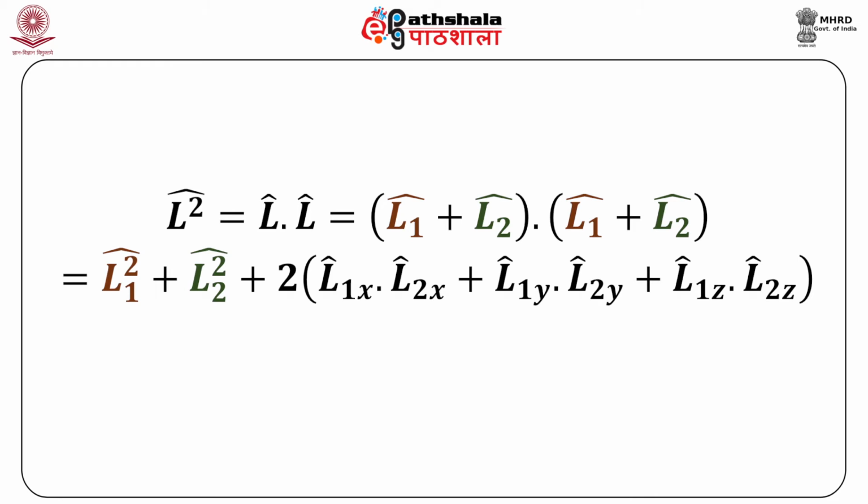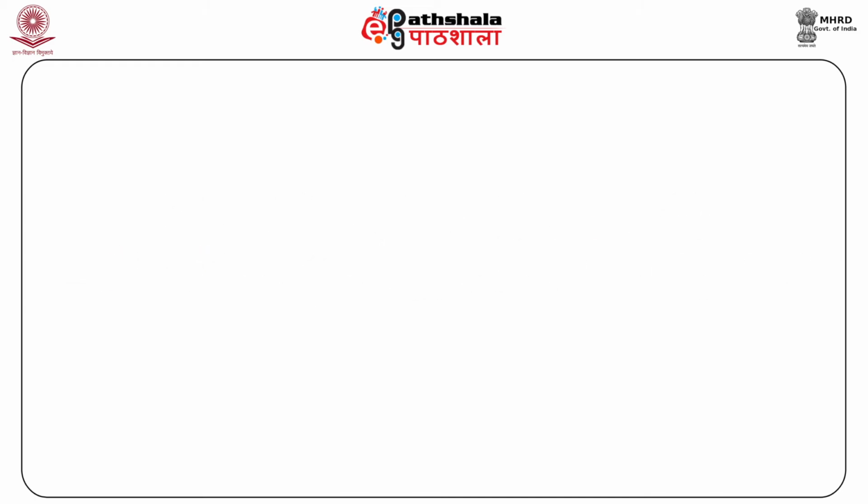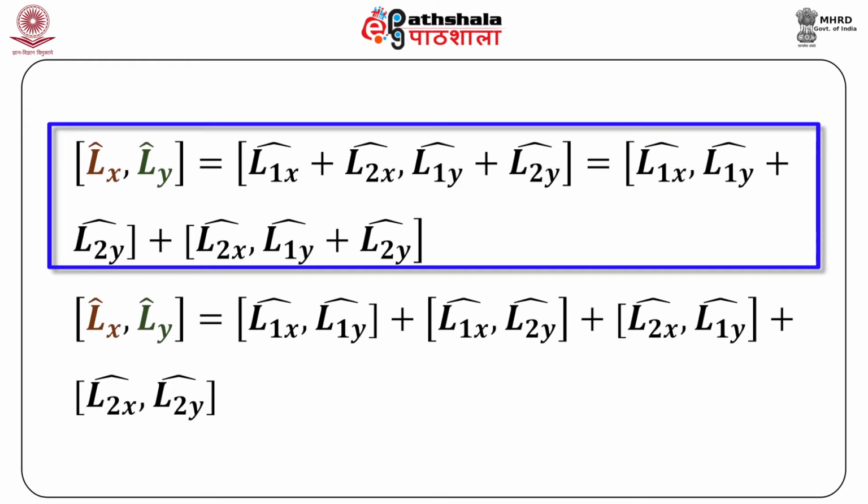Now, to simplify this equation, we will show that the components of total angular momentum obey the usual angular momentum commutation relations. Starting with the commutation of Lx Ly, substituting the values, we get the commutation relation between L1x plus L2x comma L1y plus L2y, which can be further simplified to commutation of L1x comma L1y plus L2y plus commutation of L2x comma L1y plus L2y.